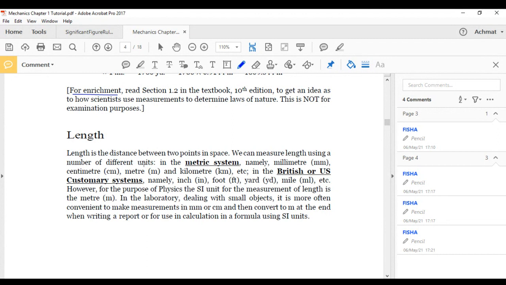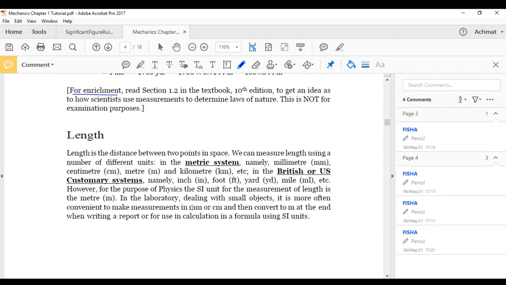Some examples in the metric system: we will have millimeters, centimeters, meters, kilometers, etc. In the British system or the US customary system, we said they are using inches, feet, yards, and miles. But for physics, remember we said we want to use SI units, so it must be in meters.